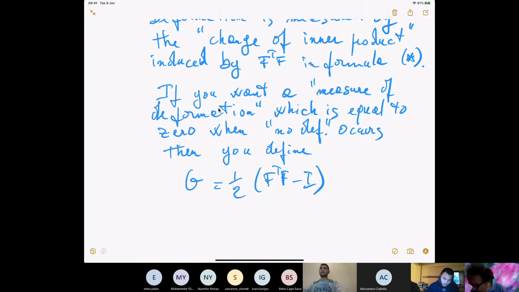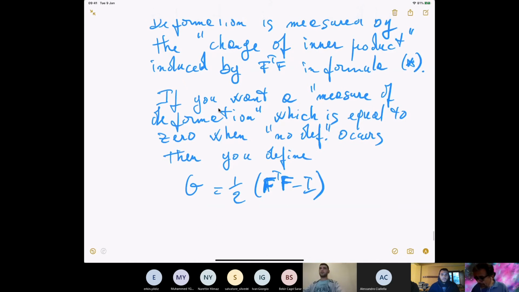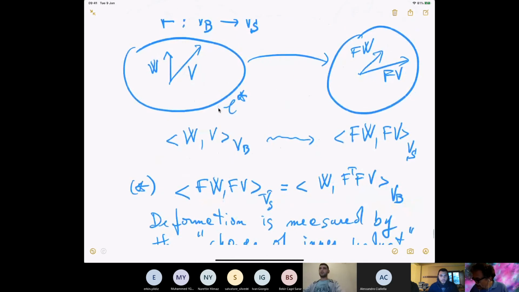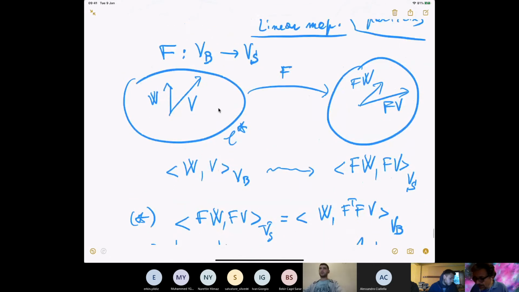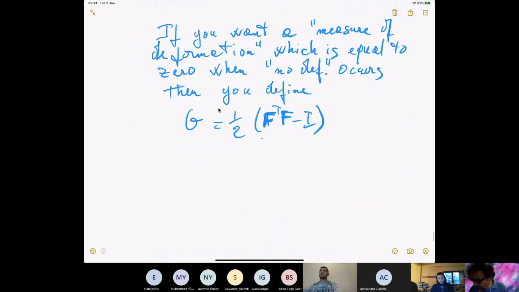Because F transpose F is equal to the identity when this map is rigid. So the angle between V and W and their length remain unchanged if and only if F transpose F minus identity is equal to 0.